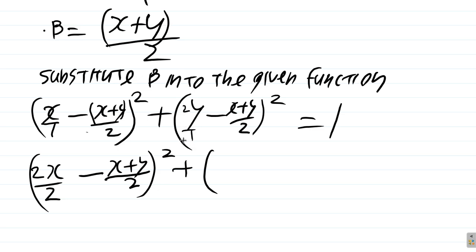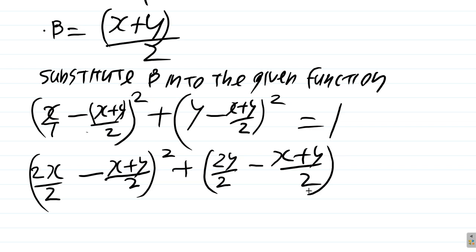Multiply the top and bottom by 2 and you get 2y over 2 minus (x plus y) over 2, squared, equals 1. You have to remember your fractions, right? To keep up with your fractions.